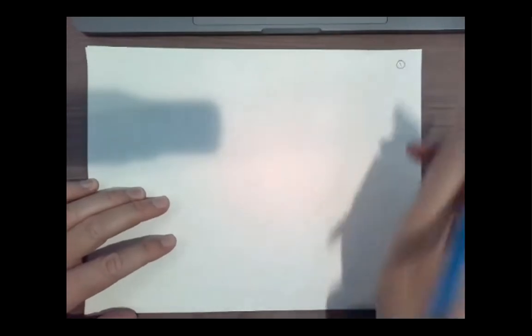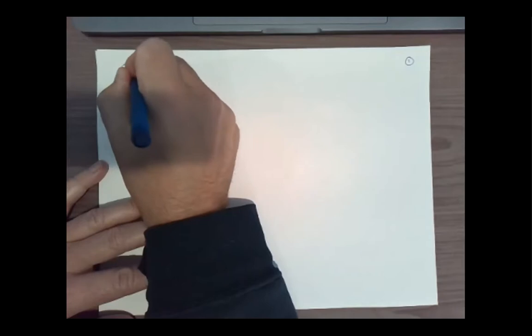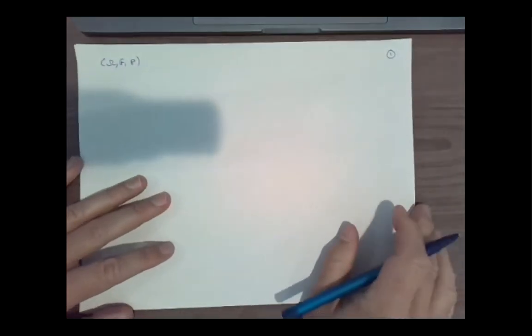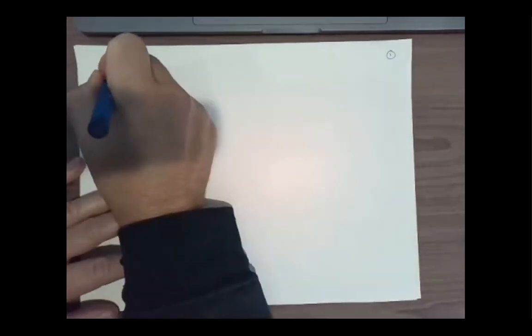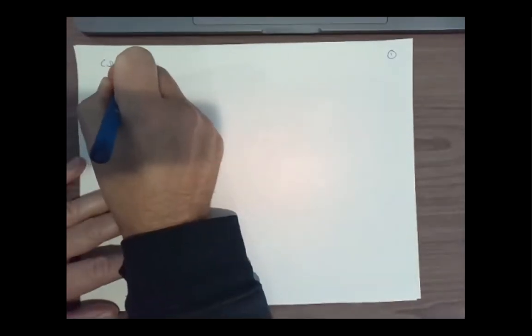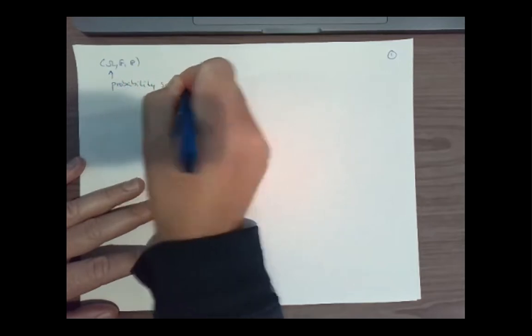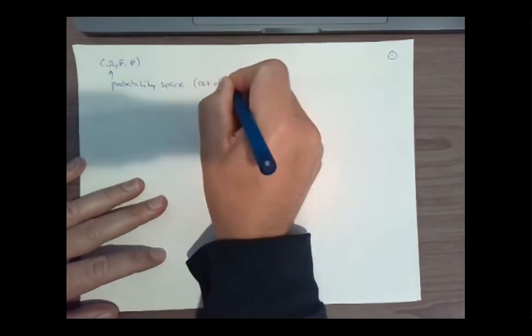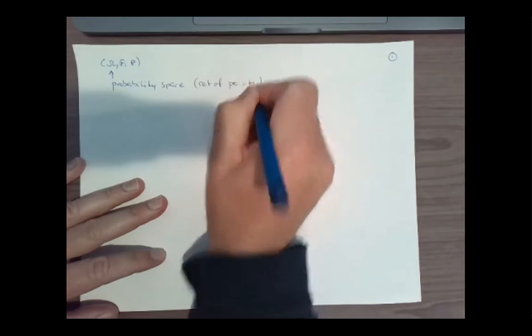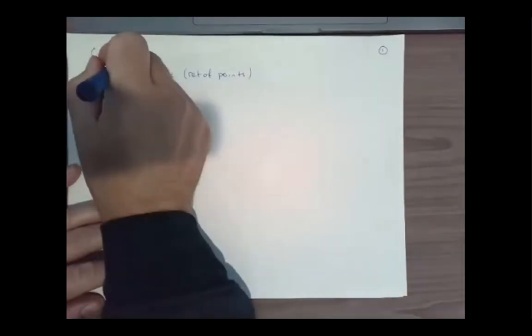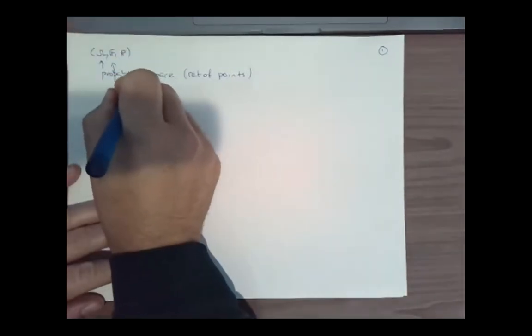So what we've been doing is talk about omega, F, P. We have this, our set, this is our probability space. This is a set of points. Then we have F, this is our sigma algebra.